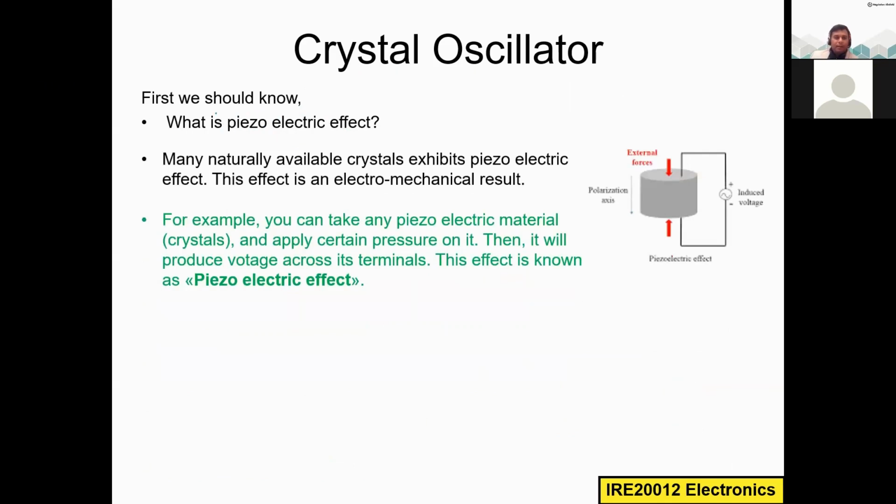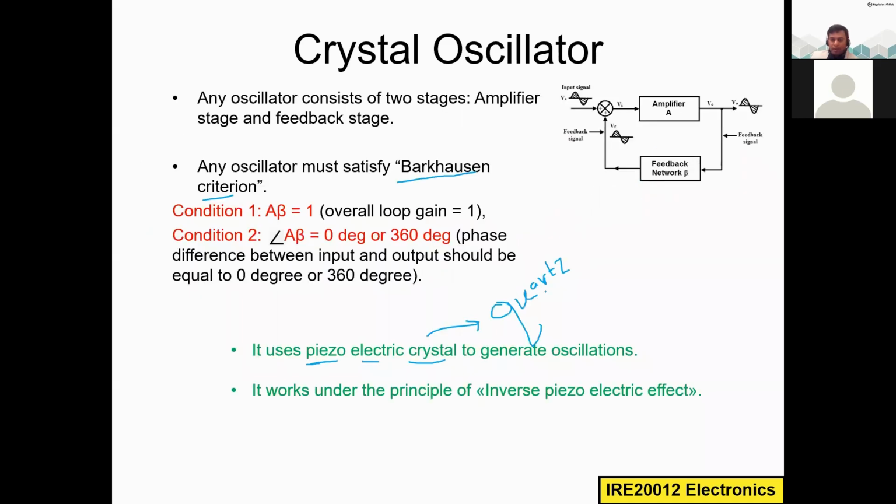So let's say many naturally available crystals naturally have the property of piezoelectric effect. This effect is actually an electromechanical result. Let us say this is the crystal. This gray color is some kind of crystal material. You can take any piezoelectric material, and the example here is quartz.